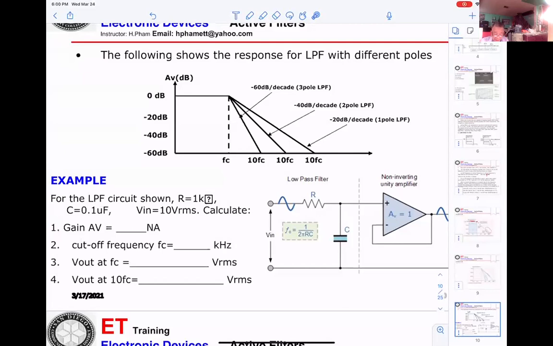Can you tell me what op amp they're using to build the filter? It's a unity gain voltage follower. Okay, they're using the voltage follower to build the filter. So I know for sure the gain must be 1, right?